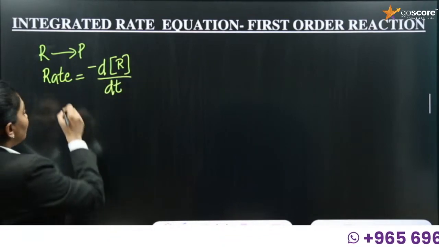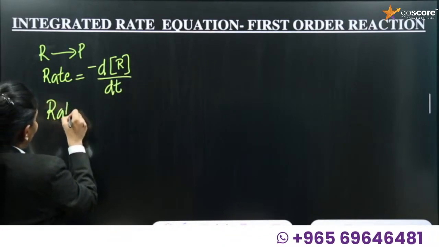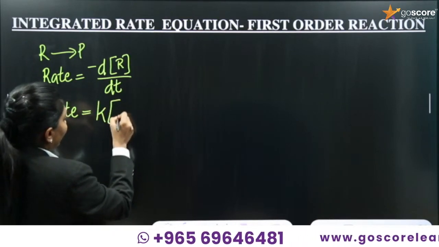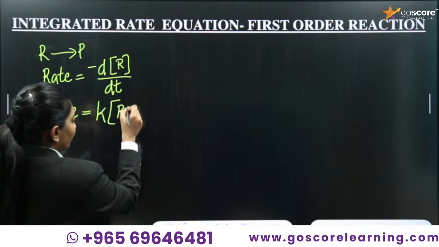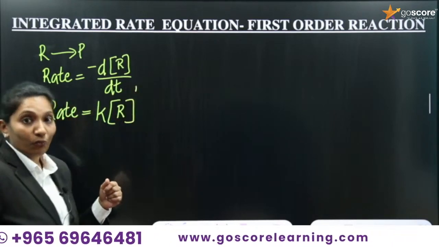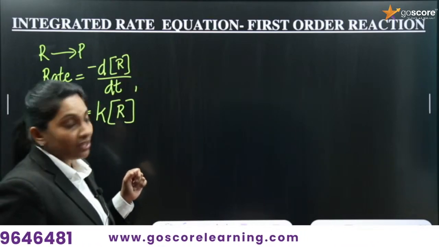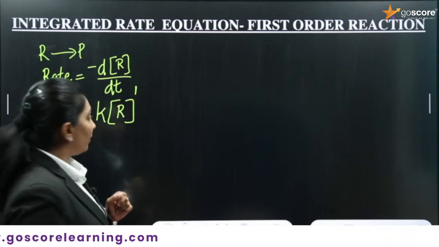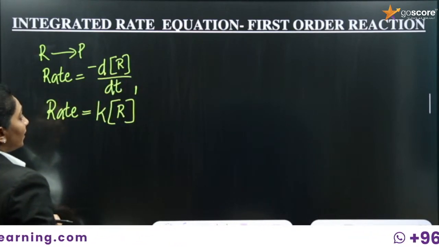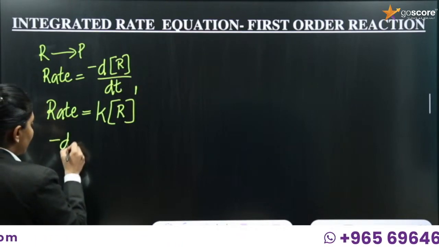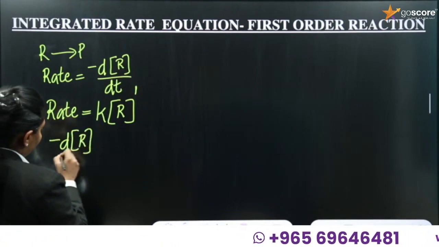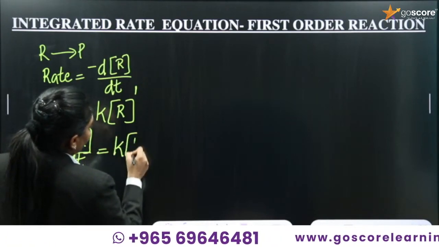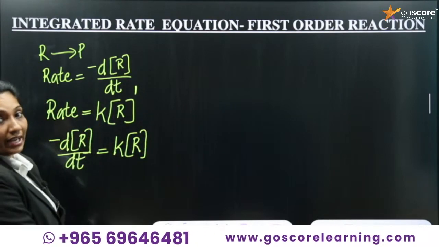As per the rate law, since it is a first order reaction, the rate of reaction is the rate constant k into concentration of reactant raised to power 1. So when you relate these two equations, how can we write it? Minus dR by dt is equal to k into concentration of R, right?